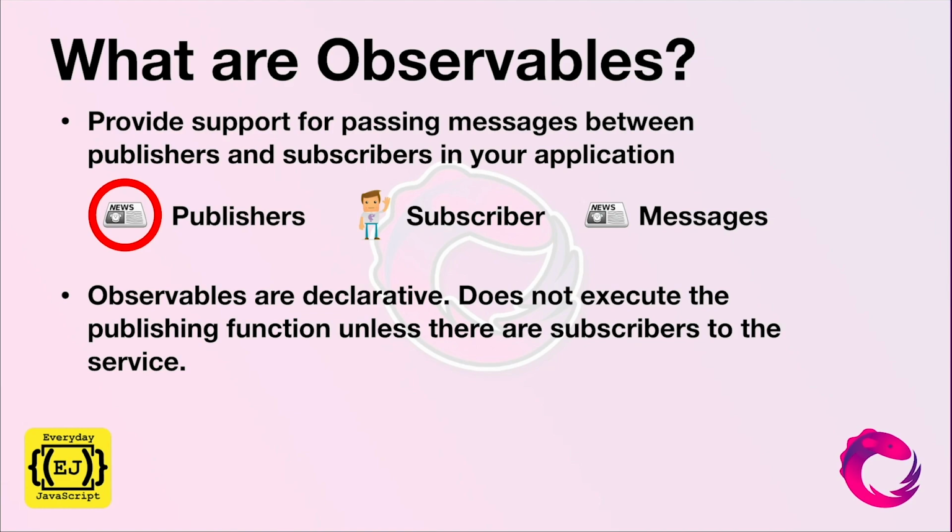Observables are declarative. Declarative means that they do not execute the publishing function unless there are subscribers to the service. That makes total sense. No point running a newspaper agency or being a newspaper publisher if there's no subscriber to your service. Hence, observables are declarative.